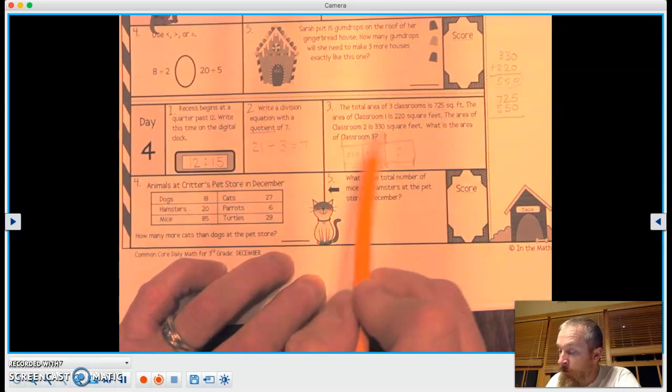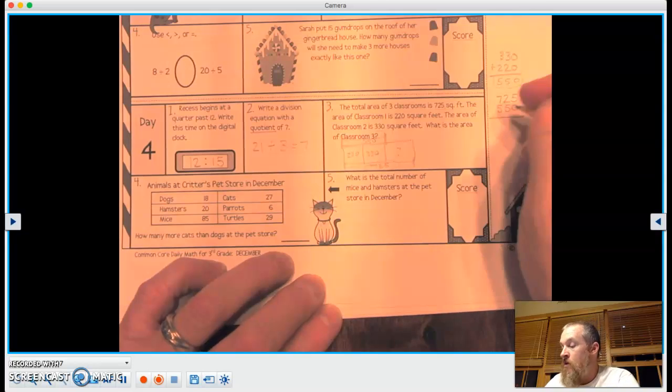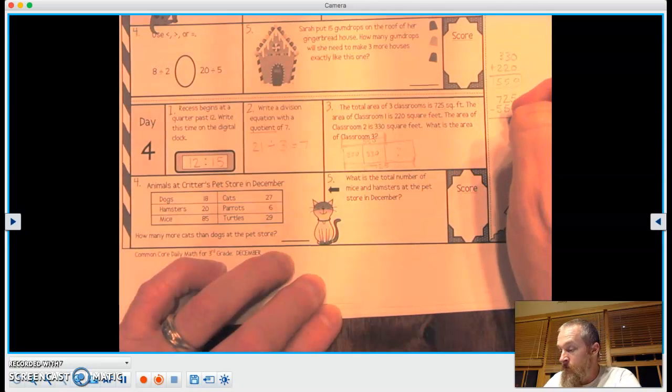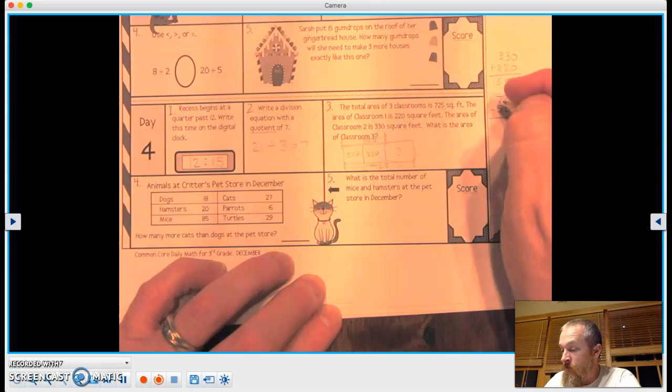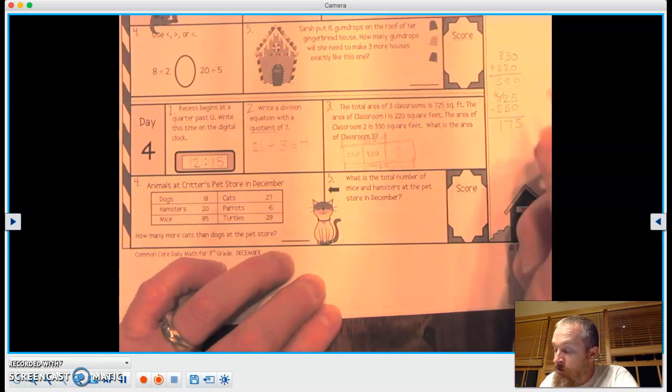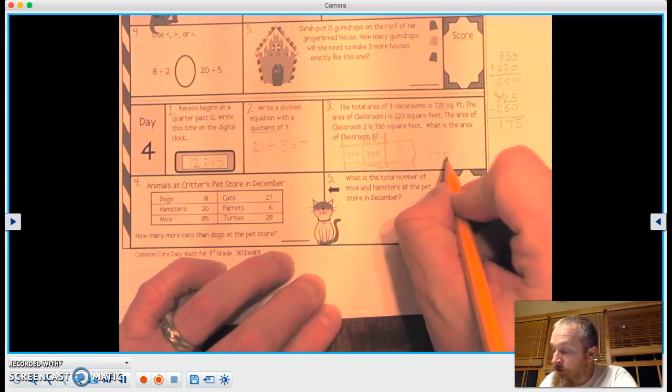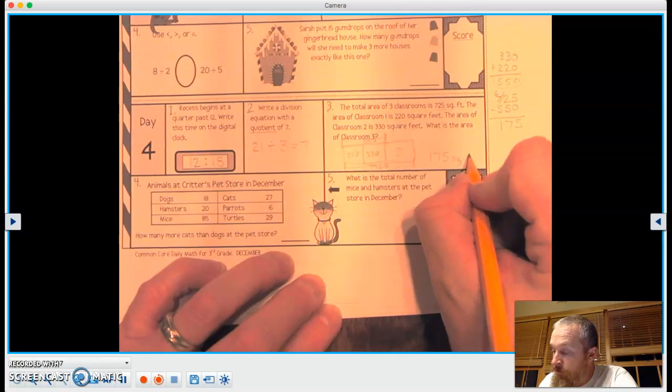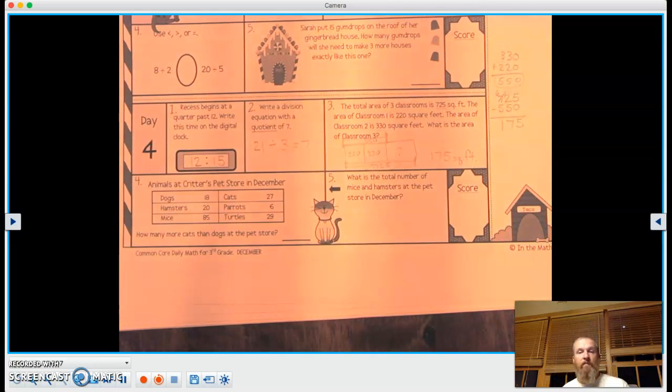That's the whole thing. This is just those 2. So 5 minus 0, 5. 2 minus 5, more on the floor, borrow from next door. 12 minus 5 is 7, 6 minus 5 is 1. So classroom number 3 is 175 square feet. Okay?